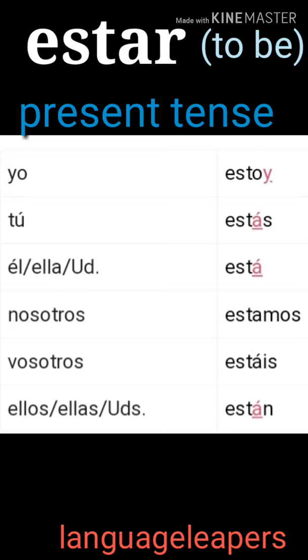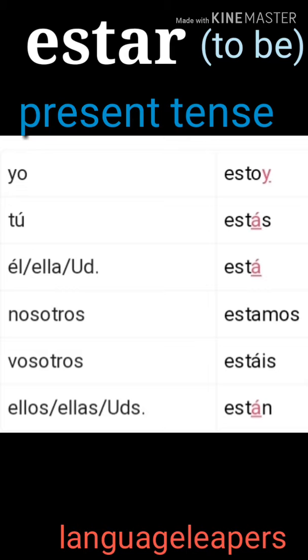Ustedes means you all, usually when talking to more than one person. In this form of estar, we use están. So we have estoy, tú estás, él, ella, usted está, nosotros estamos, vosotros estáis, ellos, ellas, ustedes están.